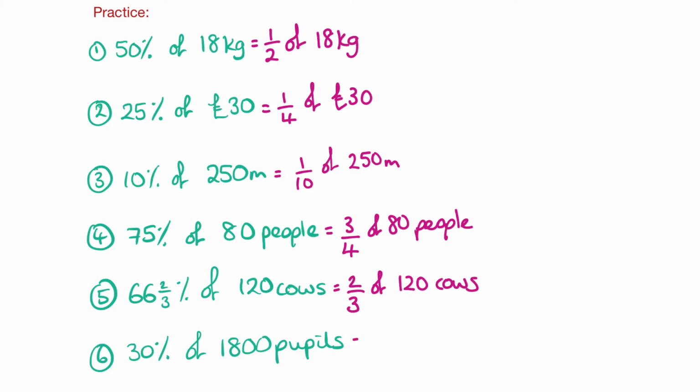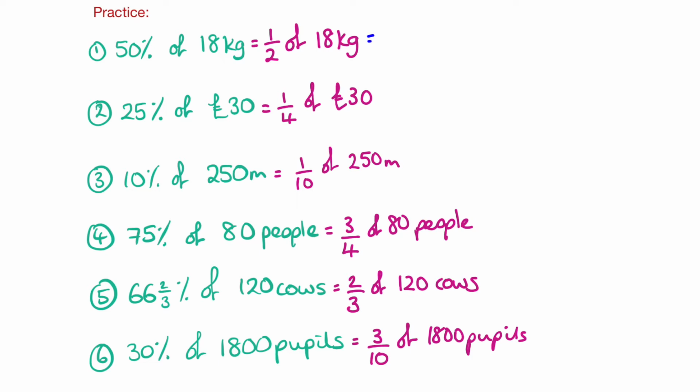And 30% is 3/10. So remember, divide by the bottom, times by the top. Although if the top's 1, like it is here, here, and here, then there's only dividing to do. There's no multiplying required. Okay, so if that's enough for you, pause the video.